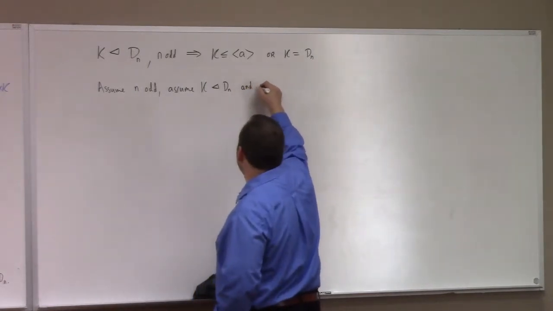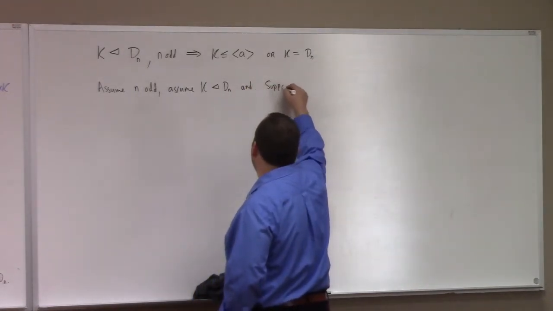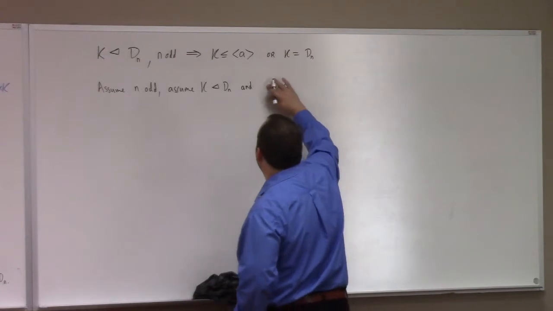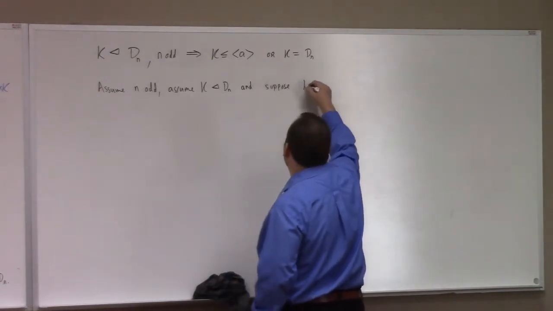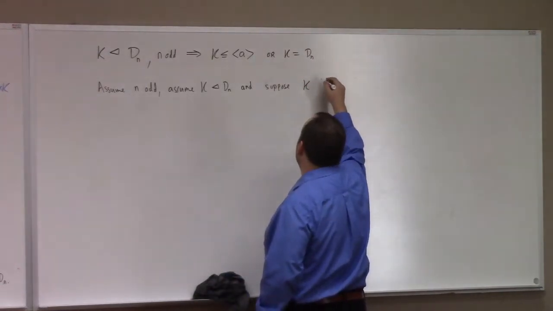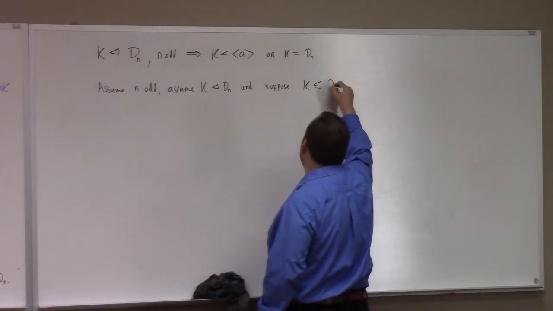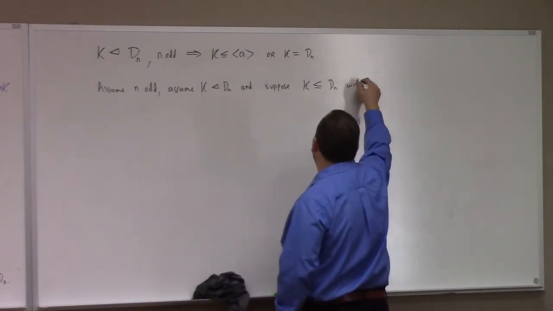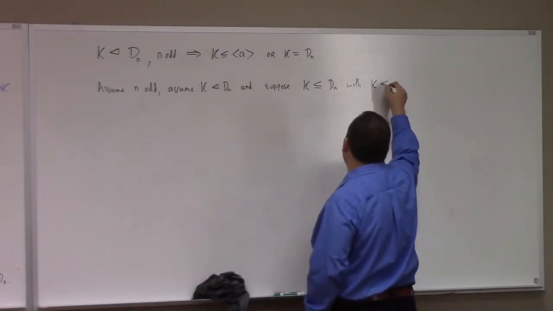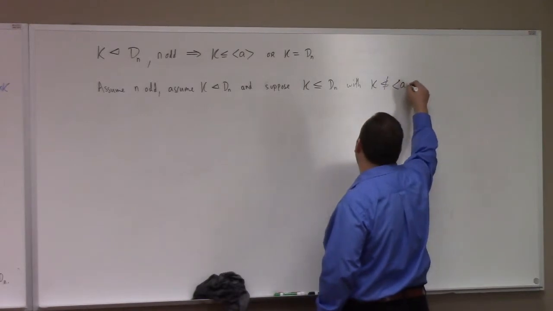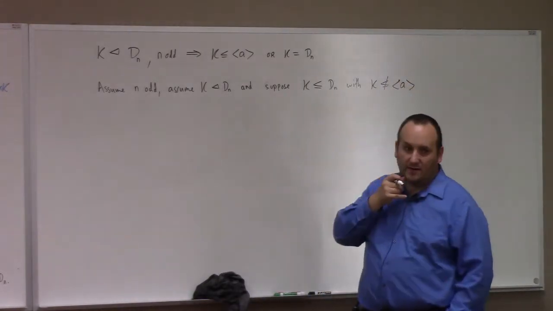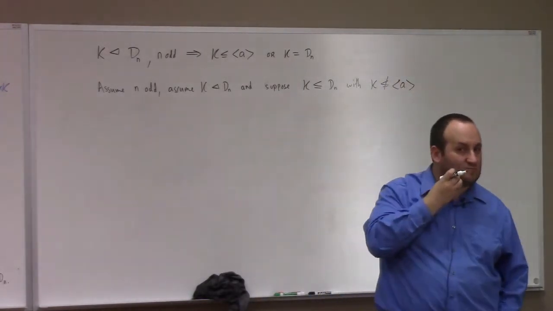And suppose that K is a subgroup of Dn with K not a subgroup of A, right? Then our goal is to show that this K is what?